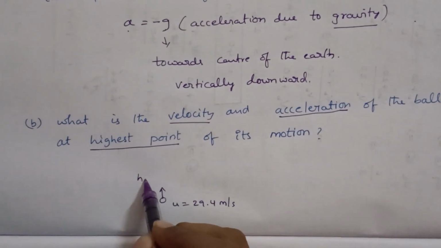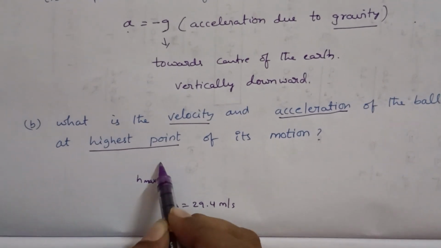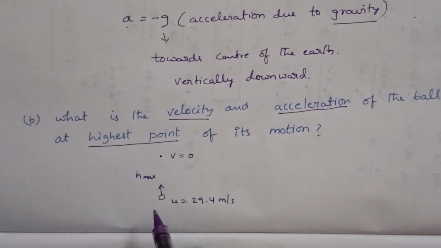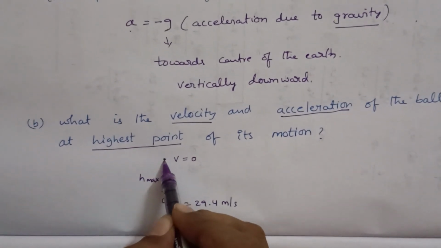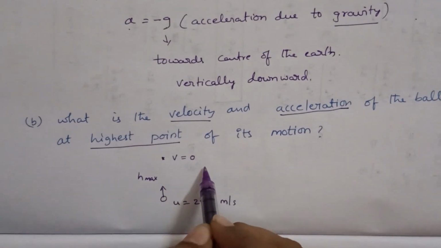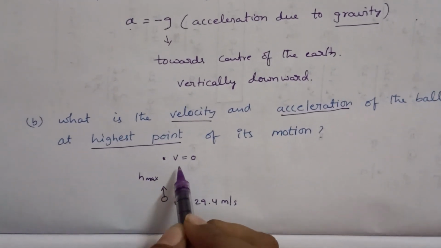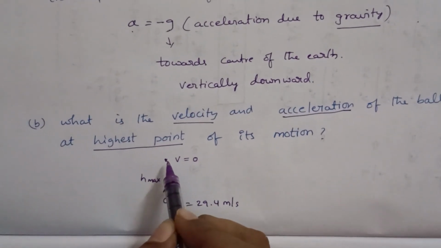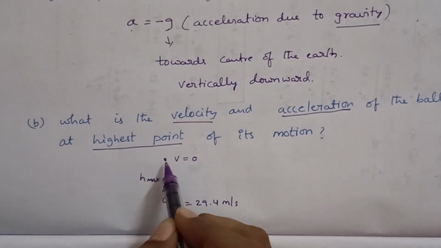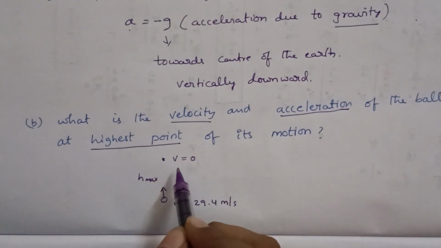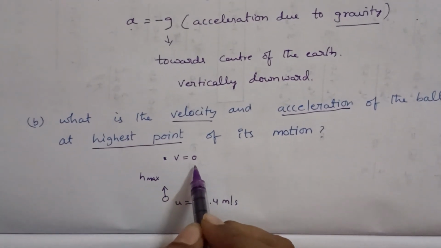At maximum height its velocity becomes 0, and then it returns down. Because its velocity becomes 0, it will not go upward, it will come down.